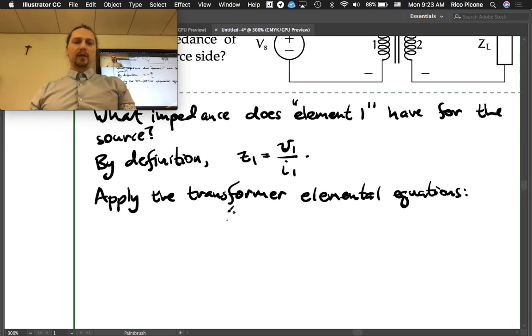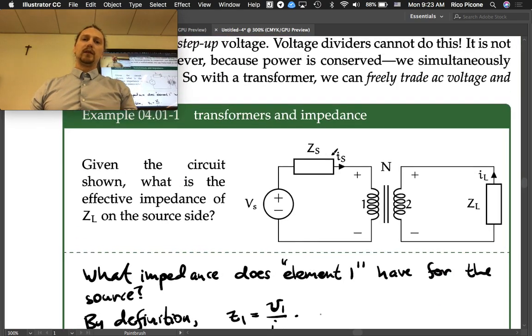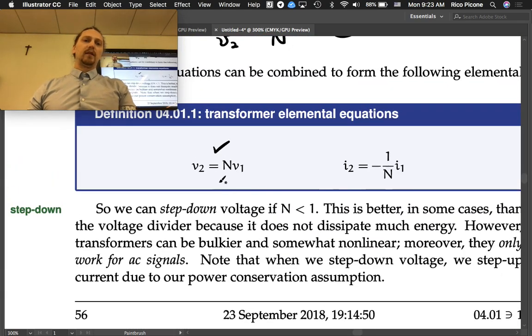I'll rewrite Z1 equals, V1 is V2 over N, right? And I1 is negative N times I2, right?